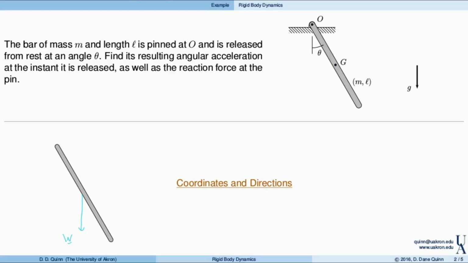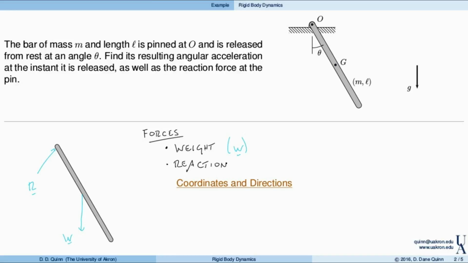So we'll say W. So that's certainly one force that acts on the bar, and the second is due to the reaction at the pin. And so we'll call that force R. R for reaction.